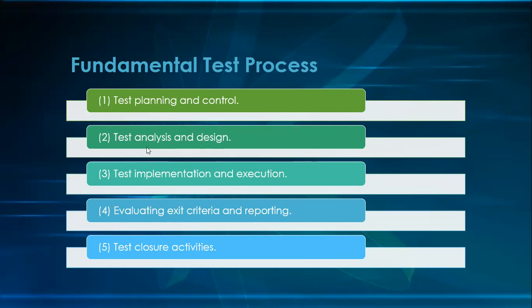Just hold it like that for number two. Number three, test implementation and execution. What does it mean to implement? I want to start building it. Someone said, start buying blocks. This is where we need the blocks. We want to implement it.